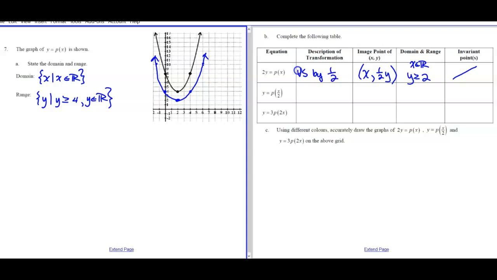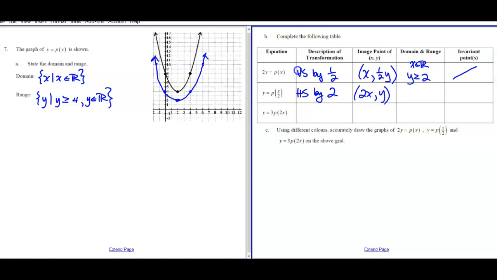Okay, so we've kind of done this to squash this, right? Replacing x with x over 2 will be a horizontal stretch by 2. Okay? So this is going to be x over 2, y.